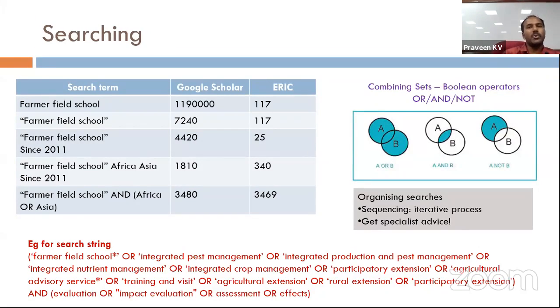And if we have to study the impact, then we have to add the word impact or effect along with that in combination, so that we'll be getting the impact of farmer field school on yield effect, something like that. Okay, so hope you are getting the idea that I'm trying to convey.